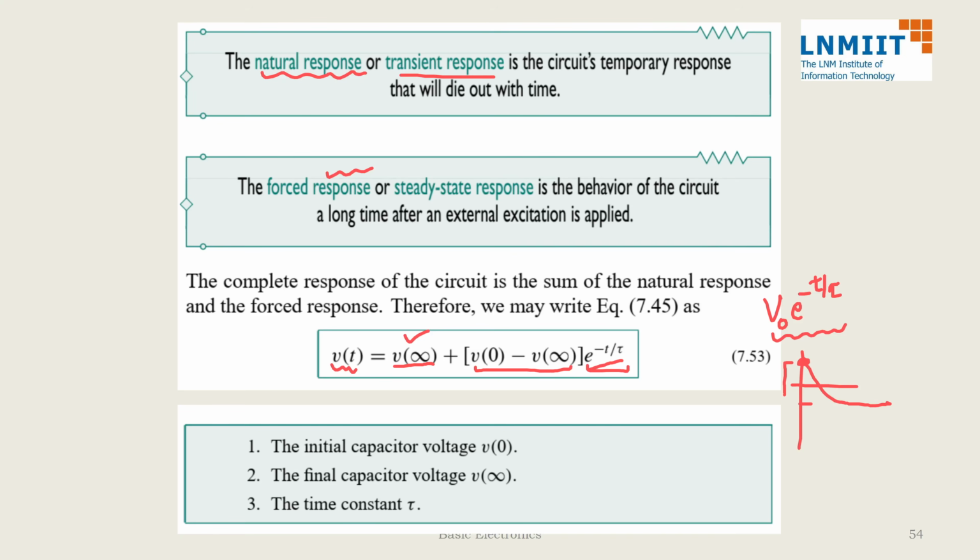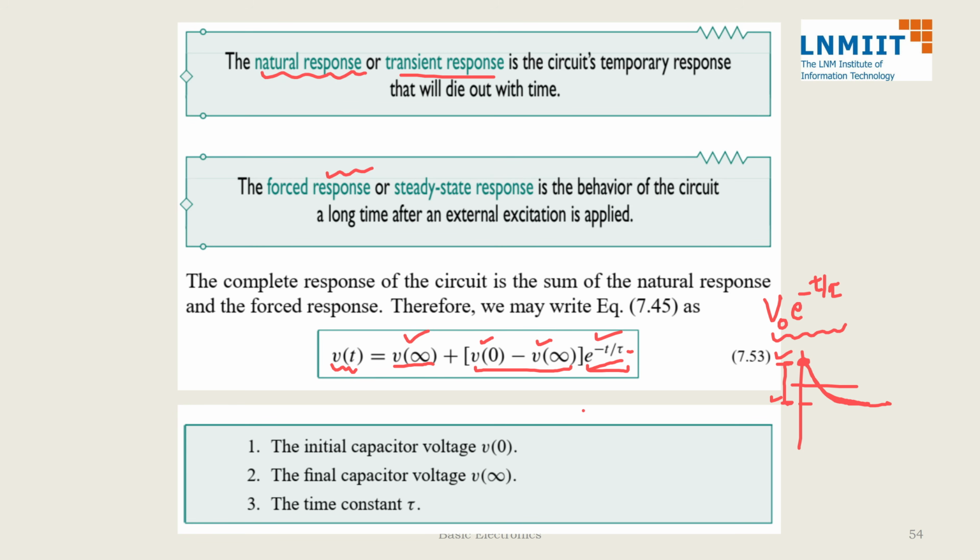In covering this distance, we are having this transient behavior. So what is this difference? That difference is V initial minus V final. So V initial minus V final, this is the journey. We are going ahead with this transient factor, that means with this tau.